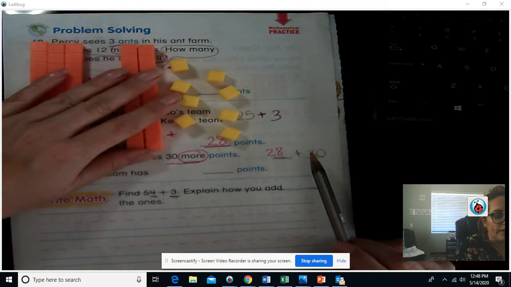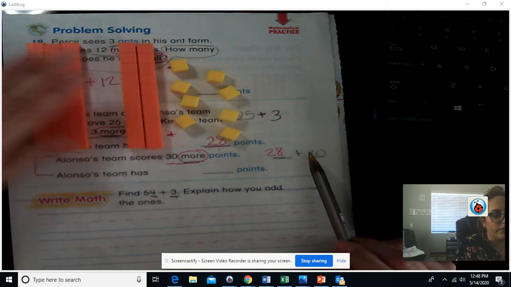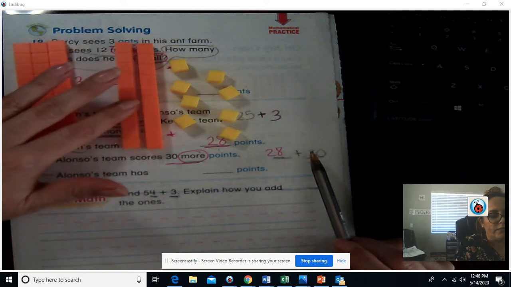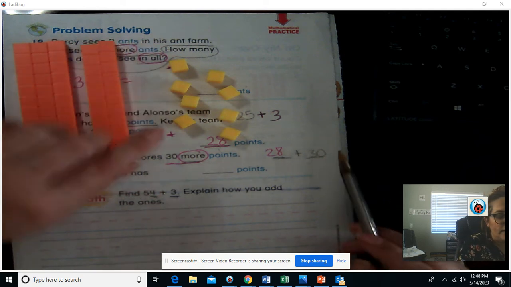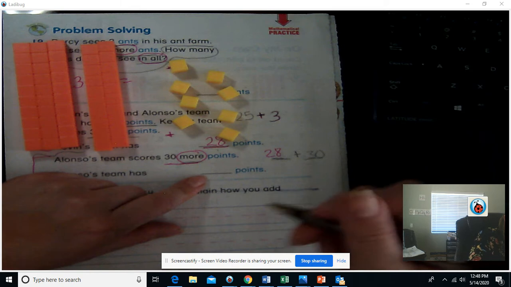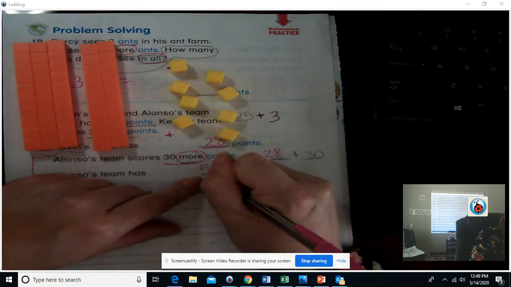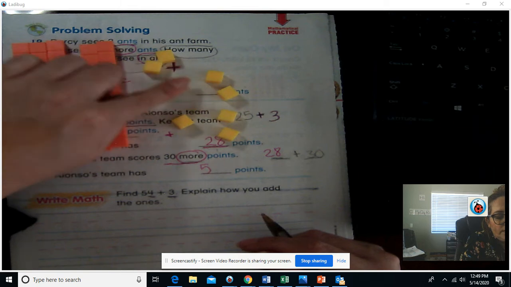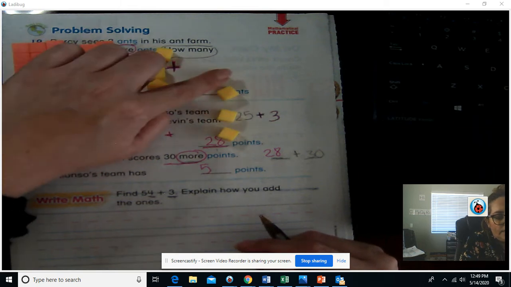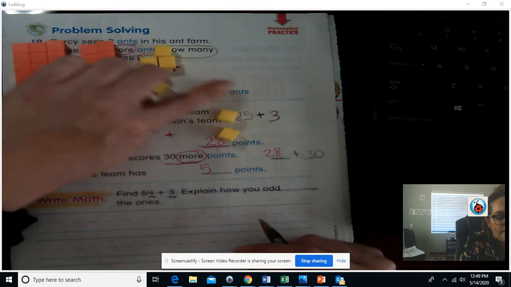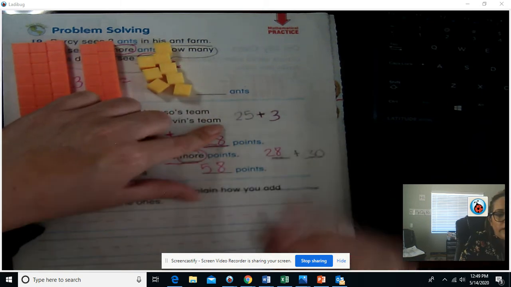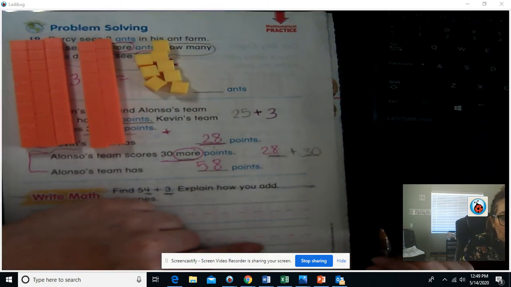Okay, now we're going to count how many of these we have. We have 10, 20, 30, 40, 50. So there are 50, 51, 52, 53, 54, 55, 56, 57, 58. So that's one strategy that you can use.